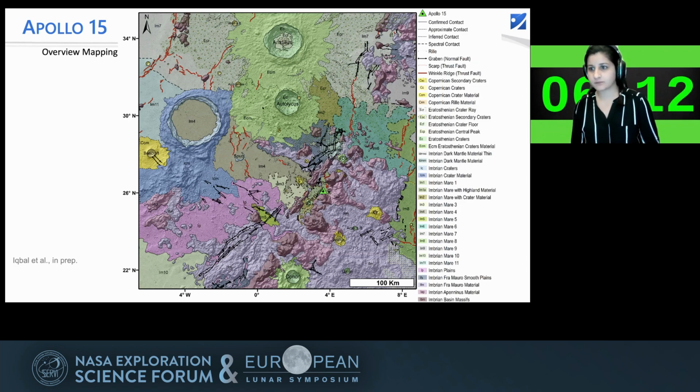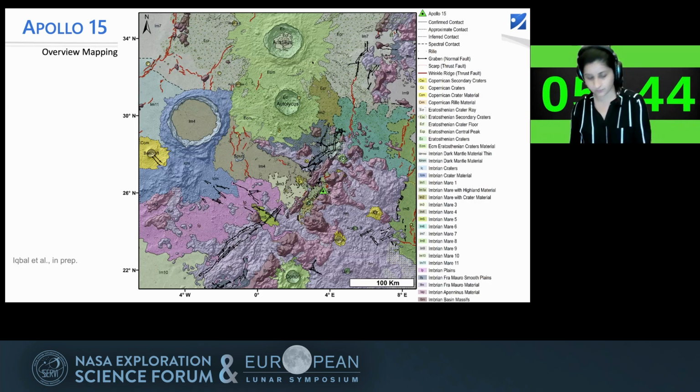What is different from previous maps of this area is that we mapped Aristillus and Autolycus craters as Eratosthenian, in contrast to previous authors who mapped these craters as Copernican. This is decided on the basis of CSFD and relative positioning. We also noticed that the ejecta material from Aristillus is different due to compositional differences.